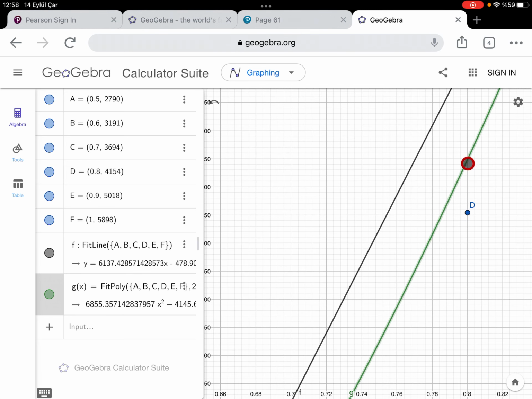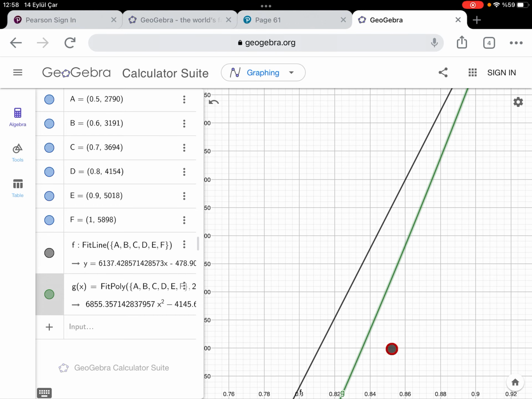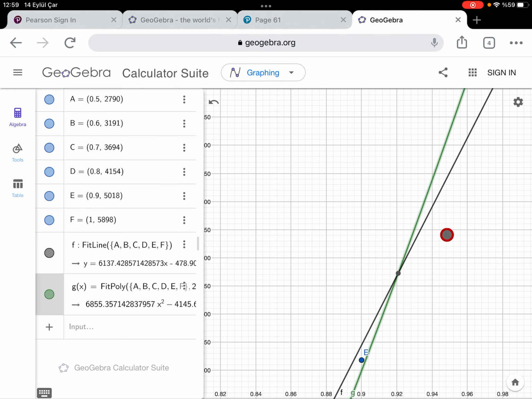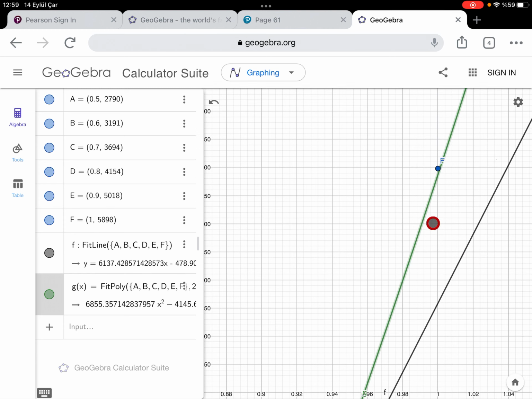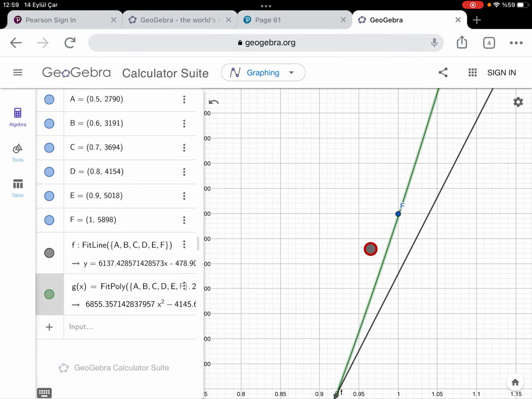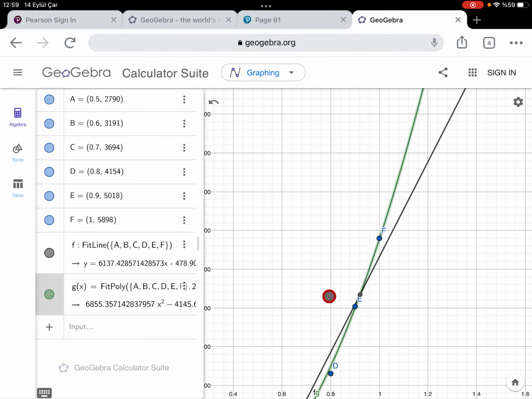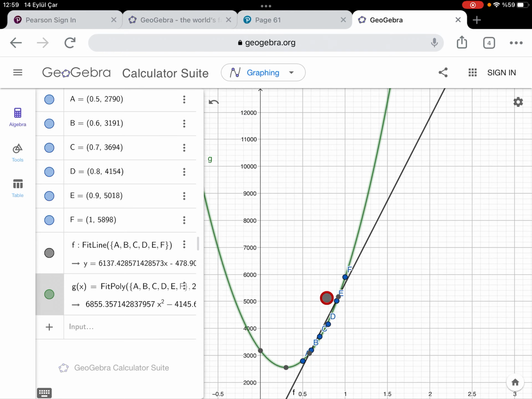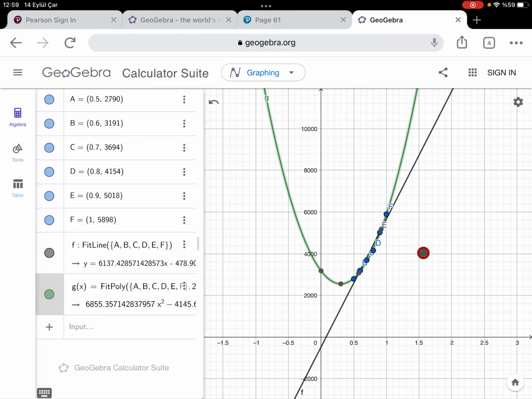And D again, quadratic is better for the point D. For the point E again, quadratic is better. For the point F, quadratic is better again. So according to these five points, we can say that quadratic regression gives us the better approximation to our data.